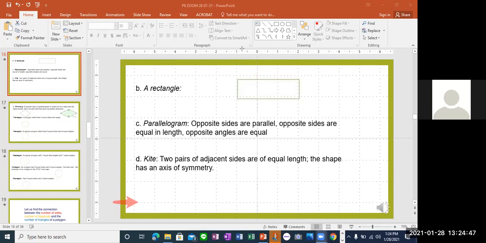That is one side and that is another side. These two sides are parallel. This is what we call parallel. The top side and the bottom side are one pair of parallel lines.